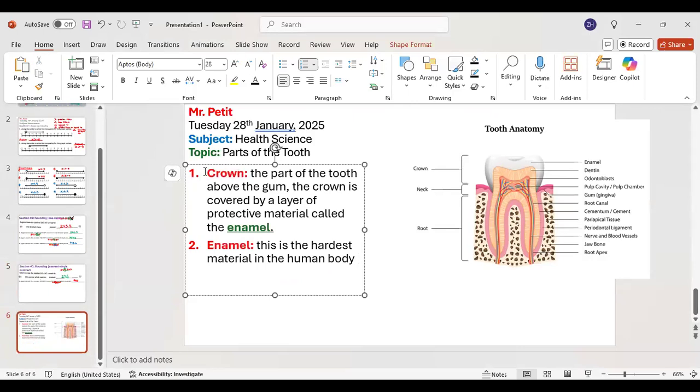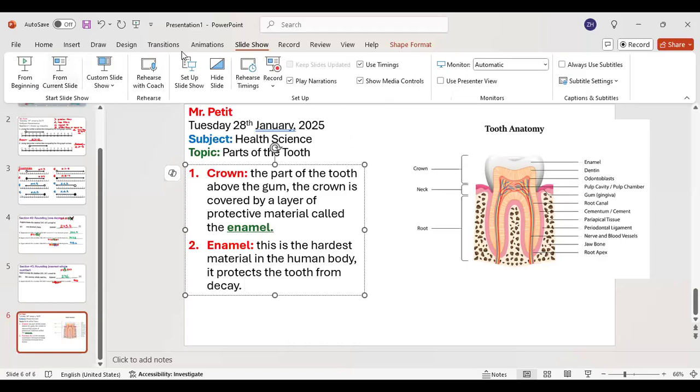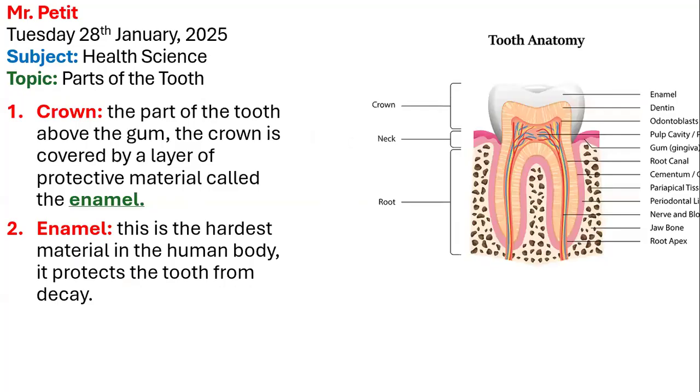Okay. So this is the hardest material in the human body. It protects the tooth from decay. So Laura, can you read the definition of the enamel?